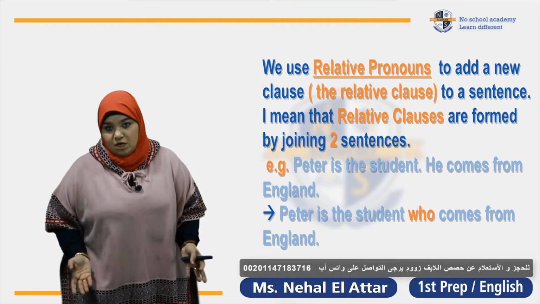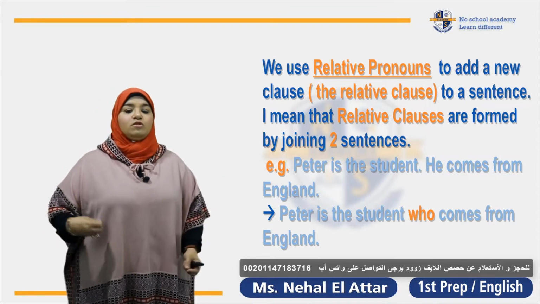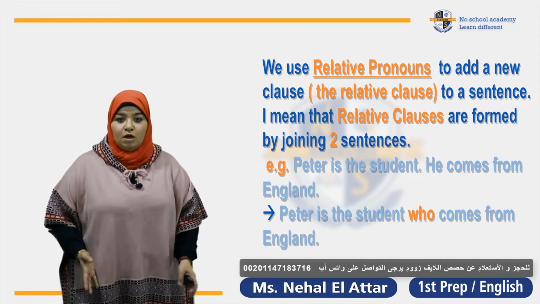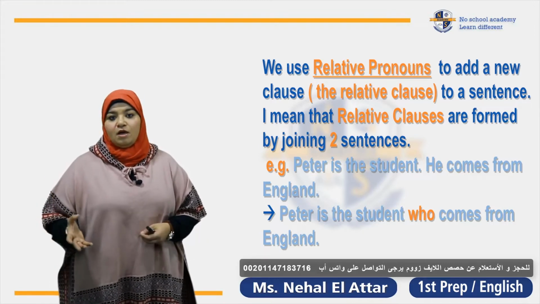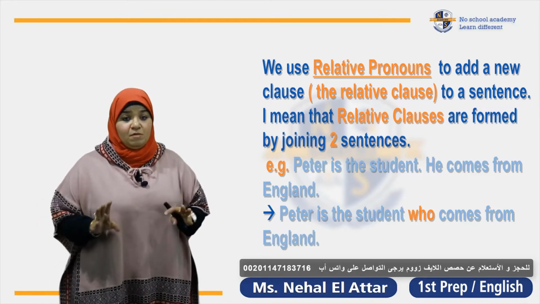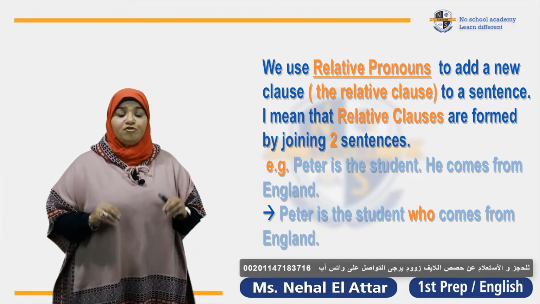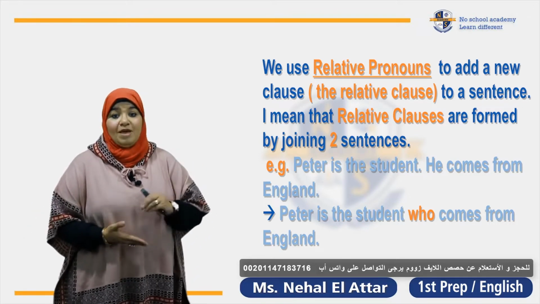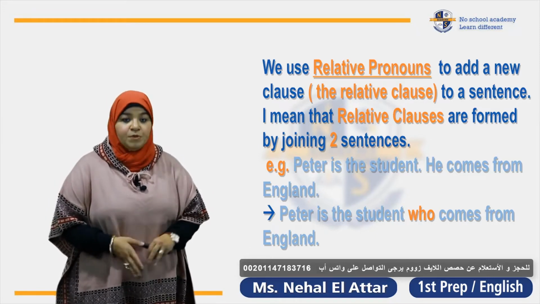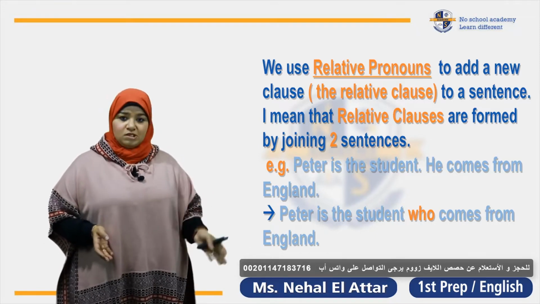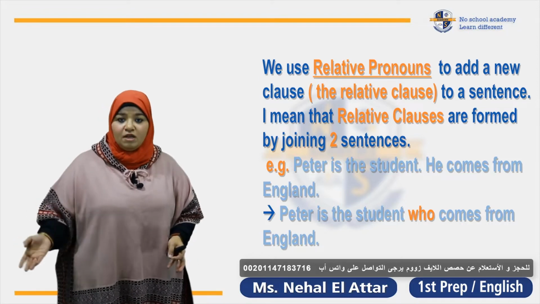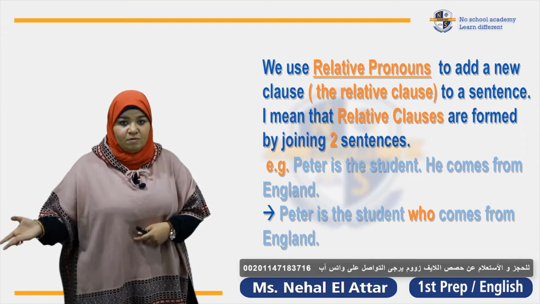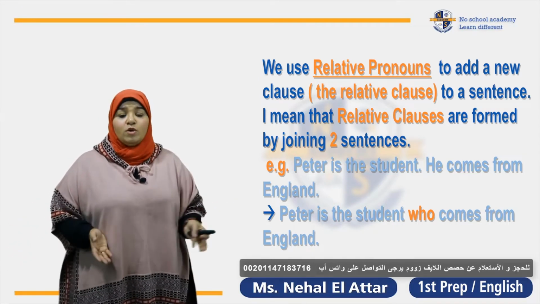Whether it's an object or a person, a place or time, a reason, or a subject or an object. There are many factors that we have to consider to decide which relative pronoun to choose. Here we are talking about Scotland, England, or the boy, or the man Peter. Yeah, we are talking about Peter.